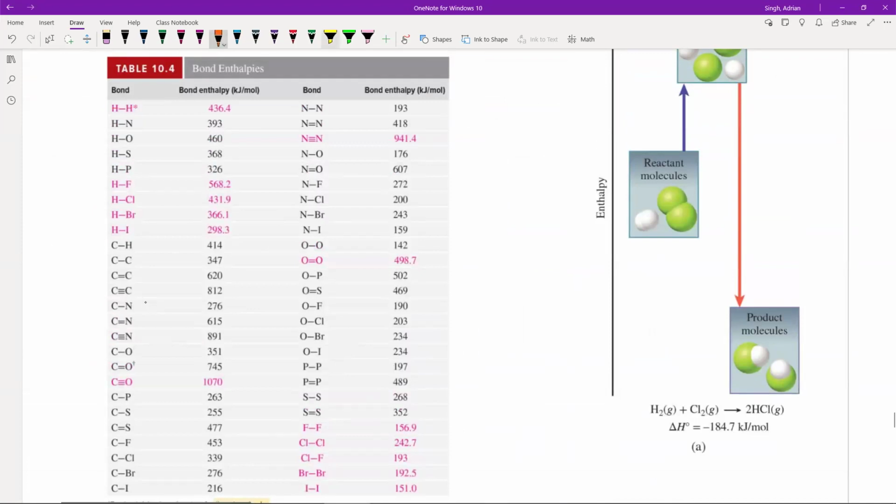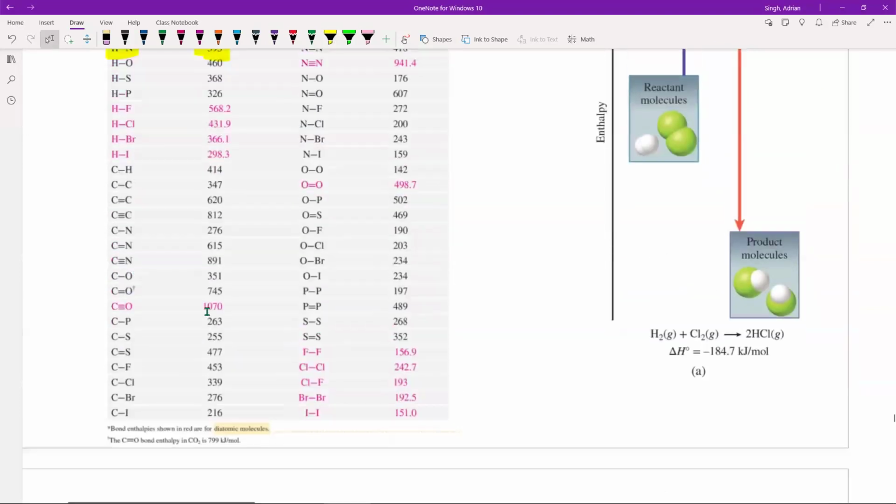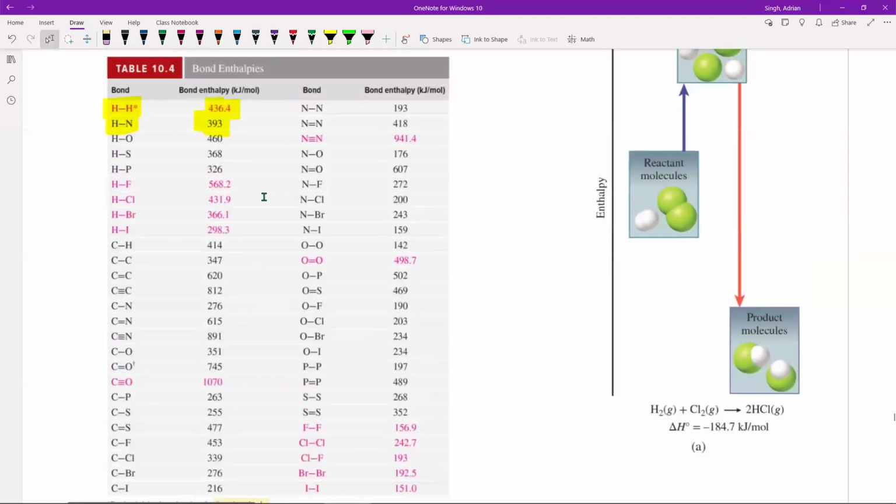And these are always reported in kilojoules per mole of that original bond that we're looking at. So the hydrogen-nitrogen covalent bond has a slightly lower bond enthalpy of 393. If you take a look at some of the other ones, you will see that some of them have significantly higher bond enthalpies, and they sort of correlate to some of the trends we saw back in the earlier section.